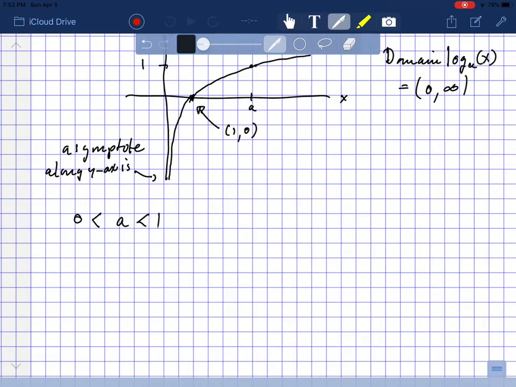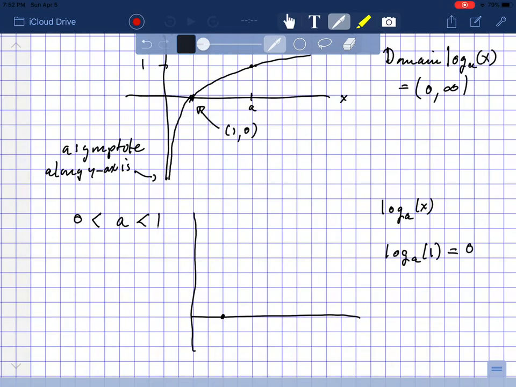All right, and I'm going to mention that if a happens to be a positive number between 0 and 1, then the graph of our log function looks a little like this. So we're looking at the log base a of x in the case where a is a positive number less than 1.